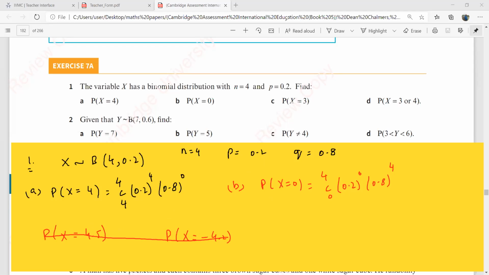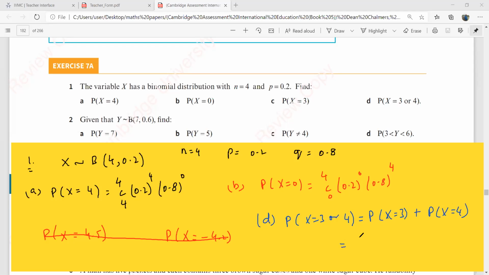Now look at this D part. It says probability that X equal to 3 or 4. So you would comprehend it like this: probability X equal to 3 plus probability X equal to 4.